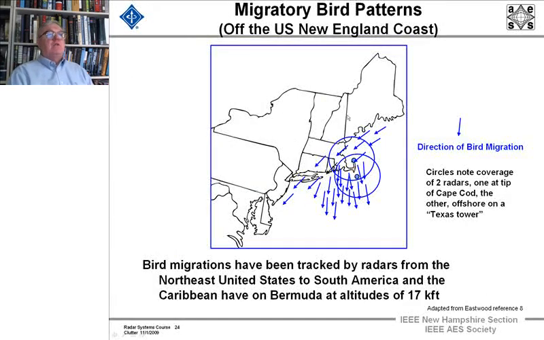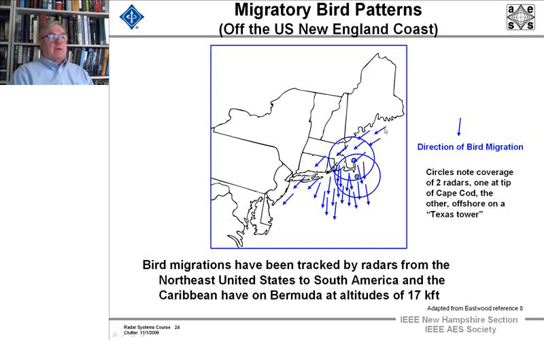And here's some migratory patterns that were noted by tracking radars. There was one on a Texas tower. That's an oil platform where there was an offshore radar that was used in air defense back in the 60s, and one at Truro.